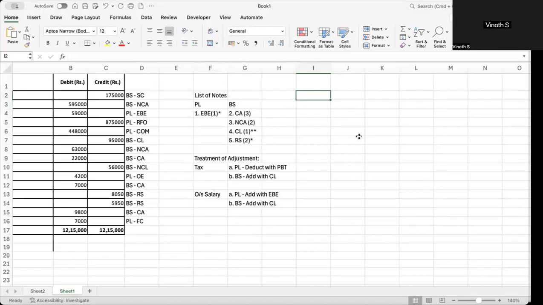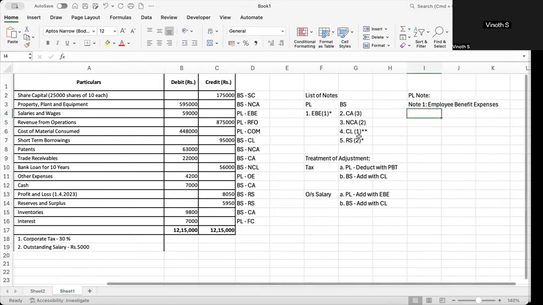First is the P&L note. Note number 1, employee benefit expenses.